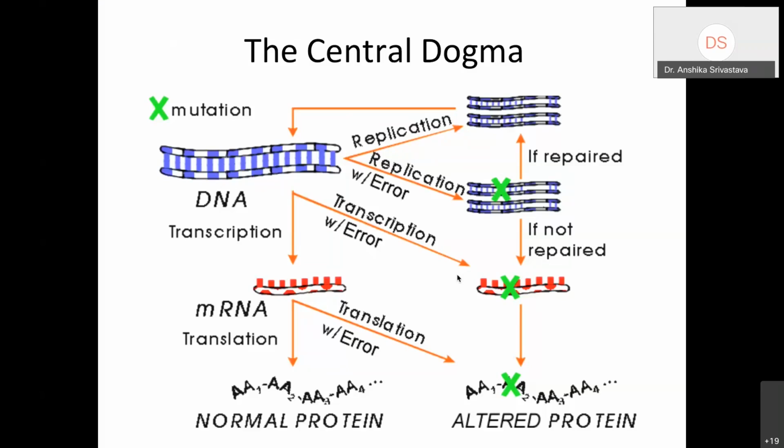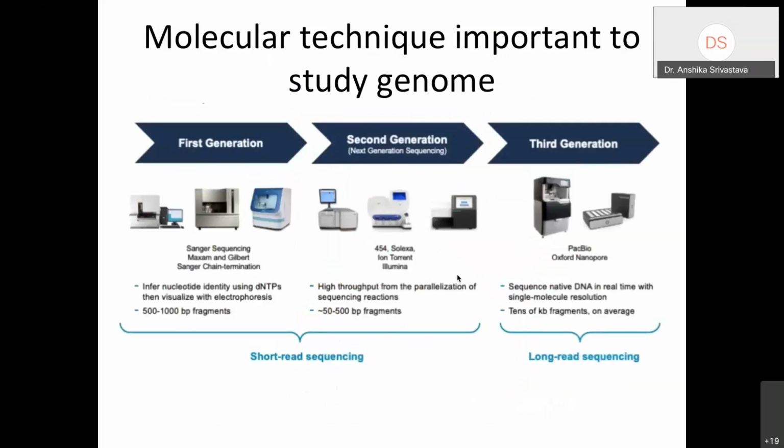So we should proceed to next generation sequencing technologies, where the first generation included Sanger sequencing, Maxam and Gilbert, based on Sanger chain termination. Second generation included 454, Solexa, Ion Torrent and Illumina. And third generation, which is more common these days, is PacBio, or we should say long-read sequencing.